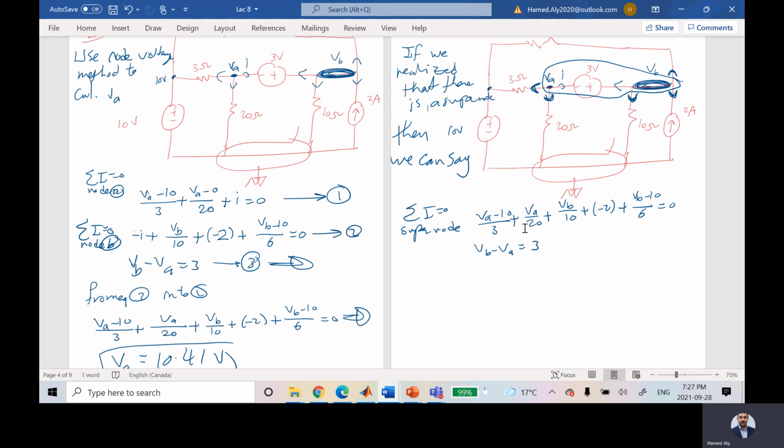Does it have to be just the voltage? Yes, this is the definition of the super node. It should be a voltage source only. If it is a current source, it is not a super node. If there is a current source, we are going to talk about something else for mesh. But if you are talking about a super node, you have to have 2 different nodes, and in between there is a voltage source.